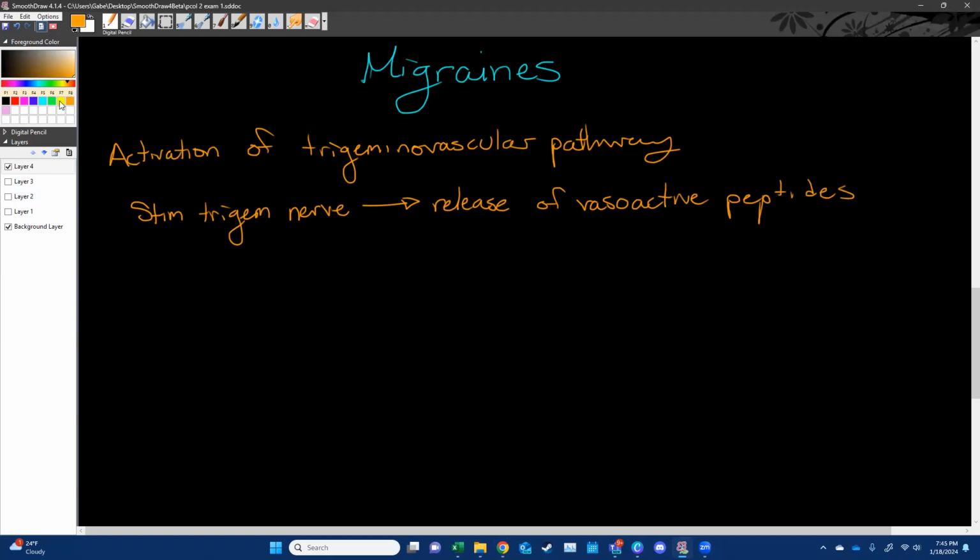One of the vasoactive peptides is substance P. The other one, which plays more of a major role in migraine pathology, is calcitonin gene-related peptide, or CGRP.